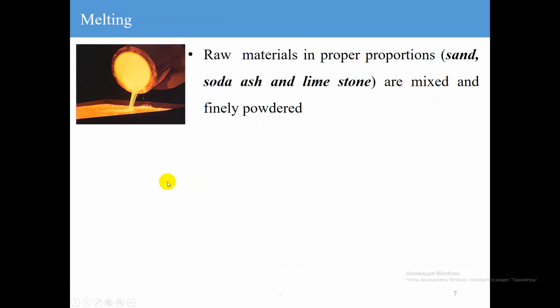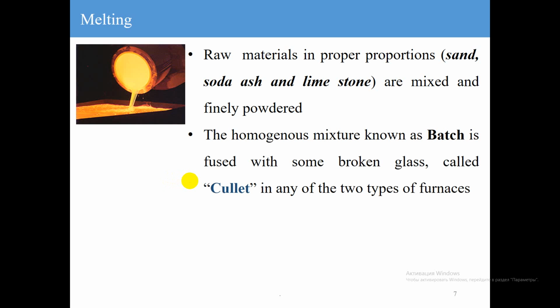Melting. Raw materials in proper proportion: sand, soda ash, and limestone are mixed and finally poured. The homogeneous mixture, known as batch, is fused with some broken glass called cullet in either of two types of furnace.